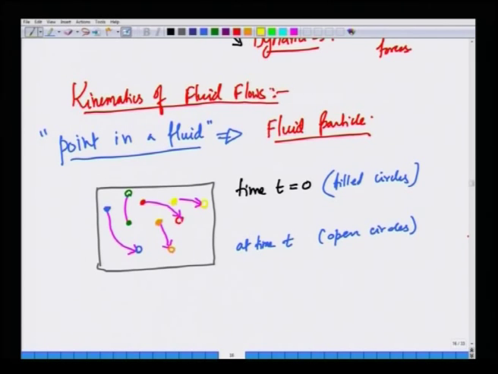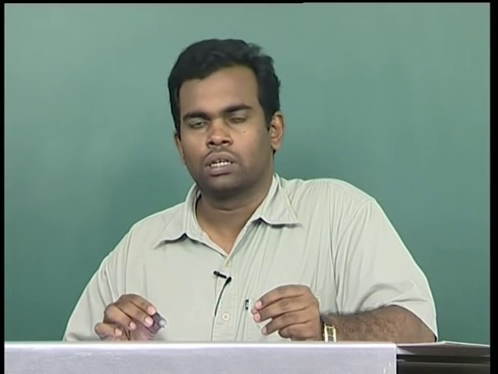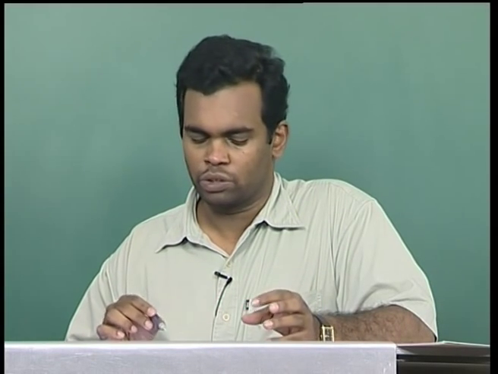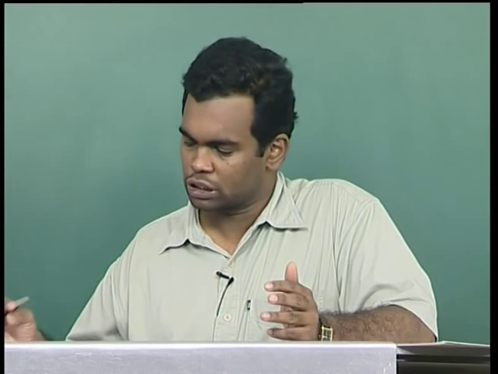So, this can happen, that various points that were initially located at some locations denoted by closed circles will move eventually upon fluid motion to some other locations.